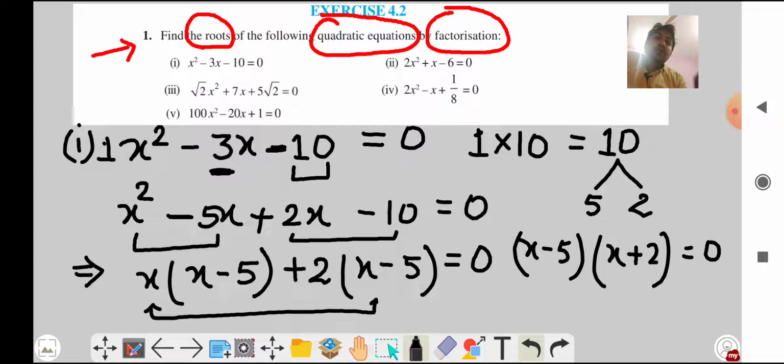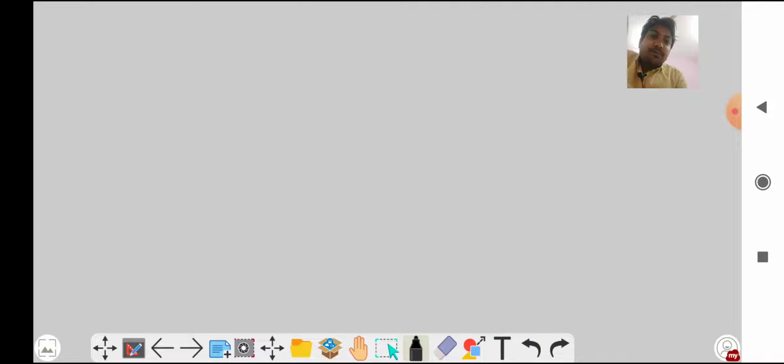Okay. So moving to the next, we are going for the second part, 2x square plus x minus 6 equal to 0. This is also very simple.